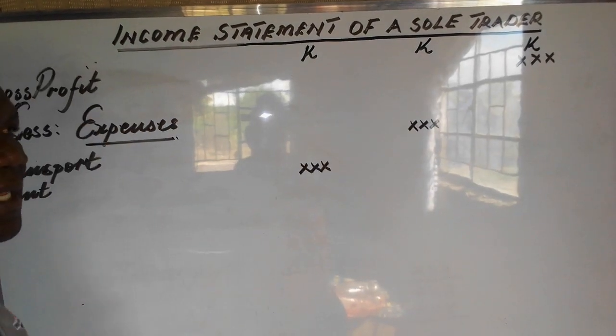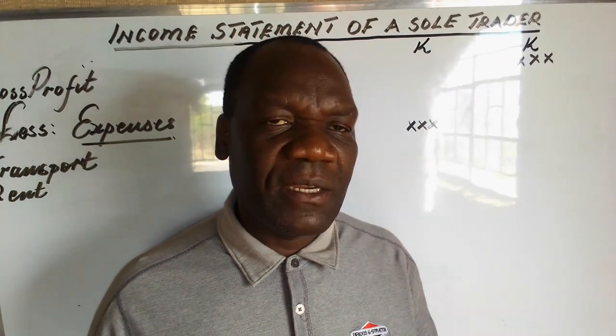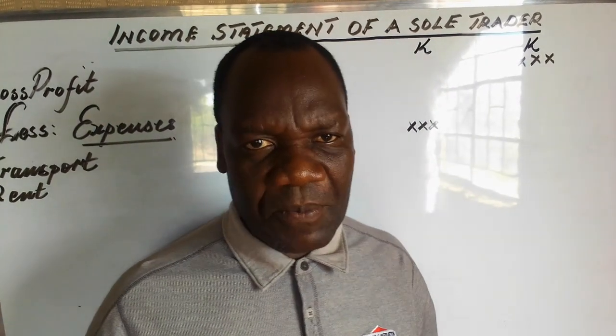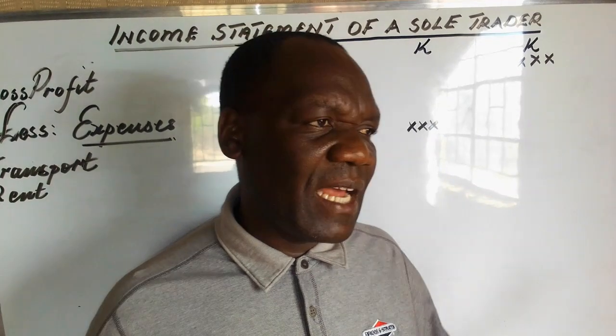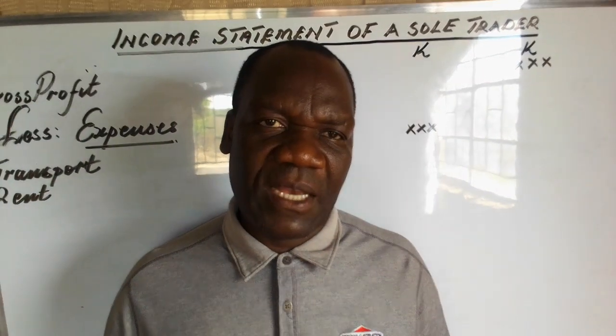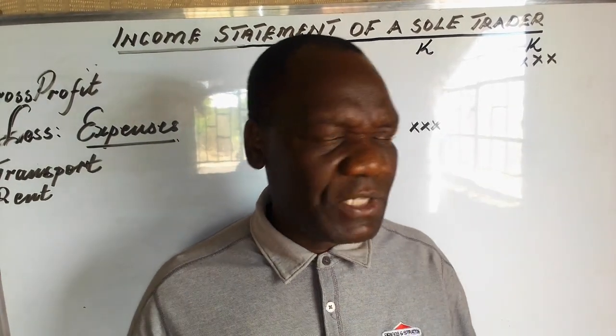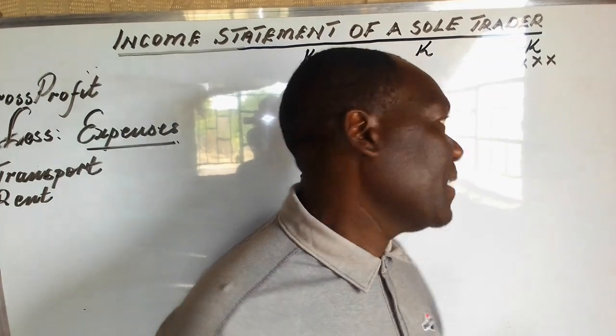Let's say the adjustment is that you paid rent in advance. For instance, you are supposed to pay 1,000 kwacha, but you paid 2,000. Which means the other 1,000 you have paid in advance.